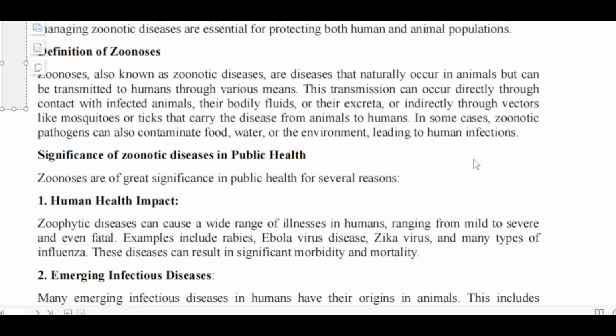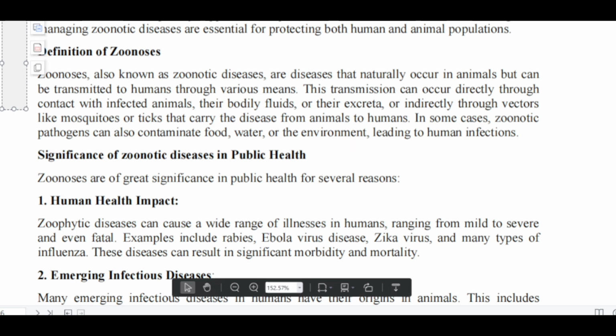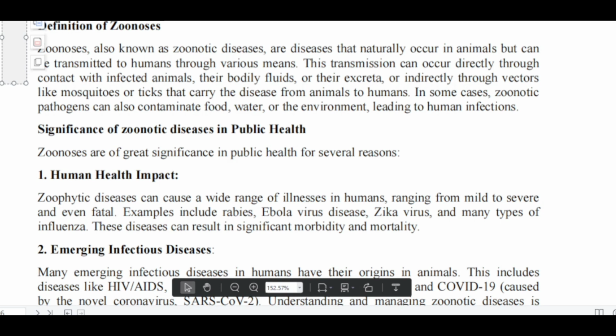It could be through vectors like ticks, mosquitoes, and other types of flies. So the diseases are transmitted in different ways.